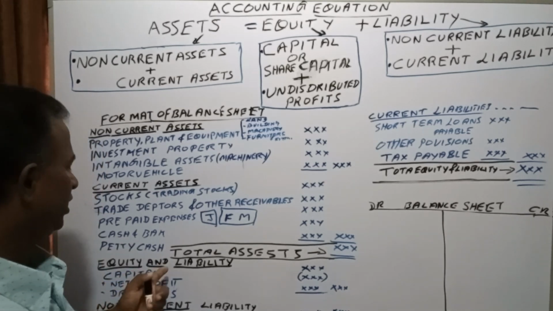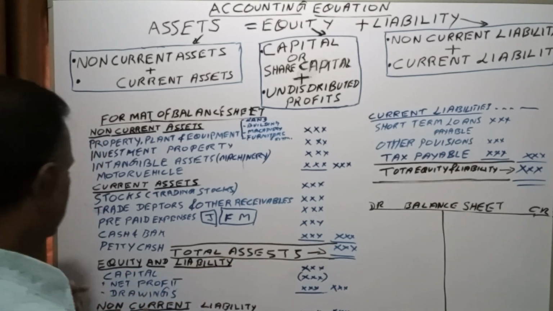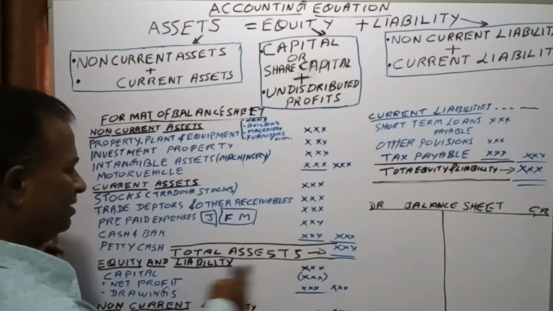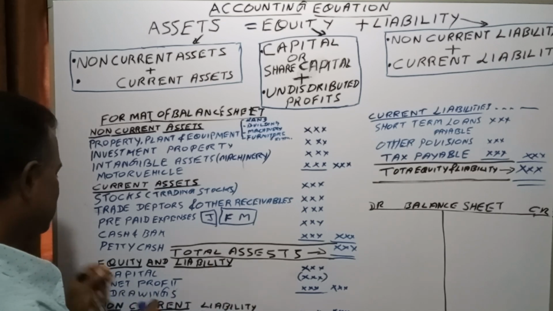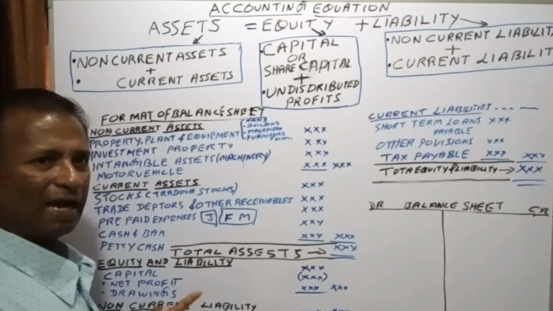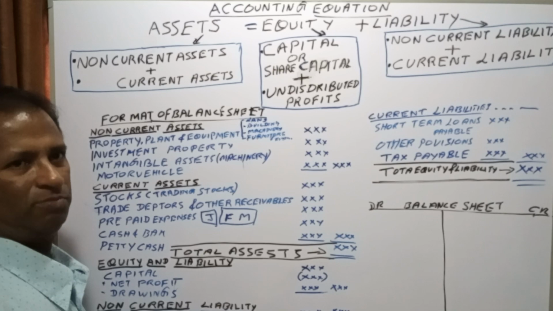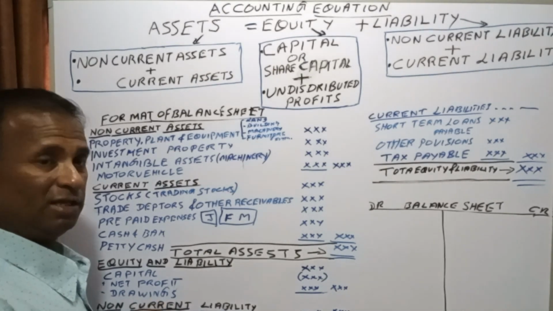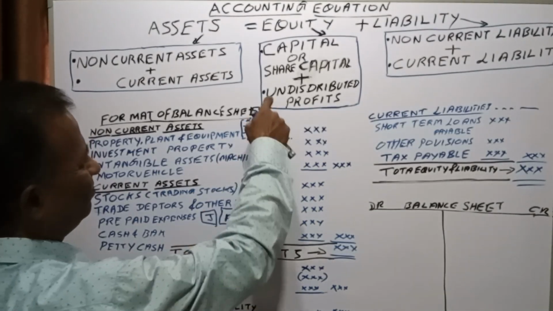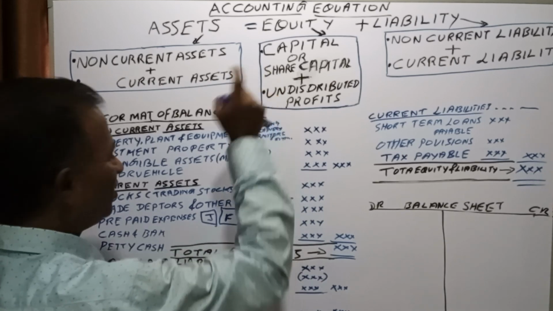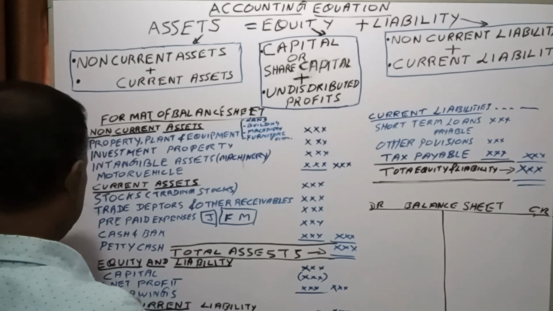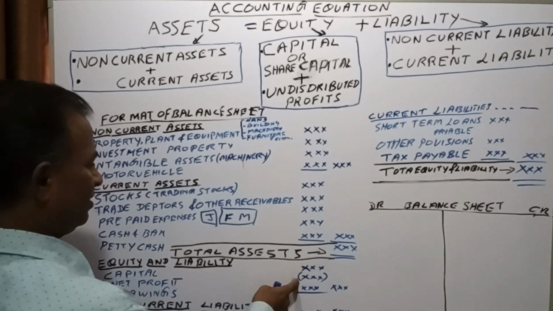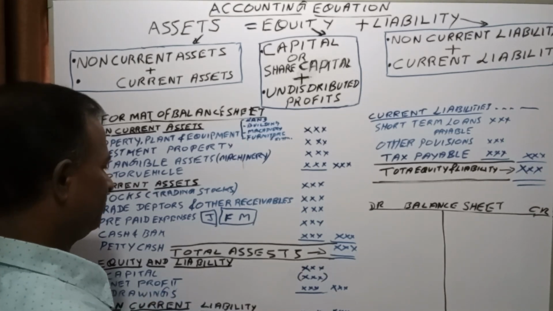Next one is equity and capital. To the capital, we will add the net profit, because of the undistributed profits that I have mentioned here. So here we will add the net profit.